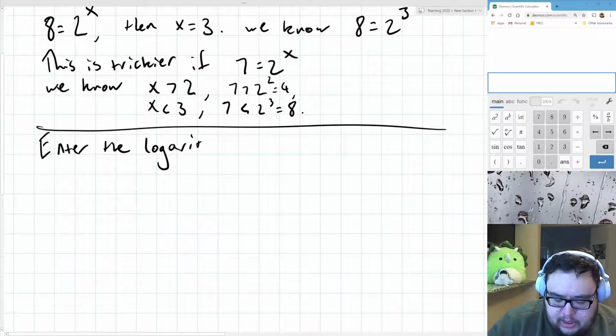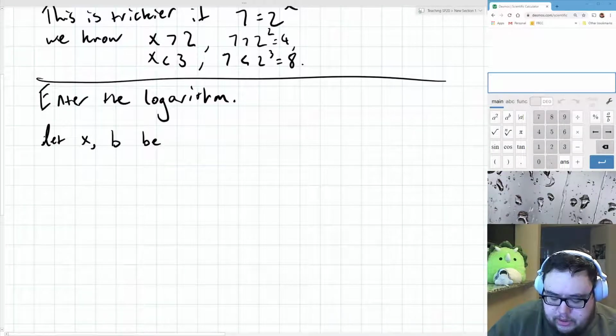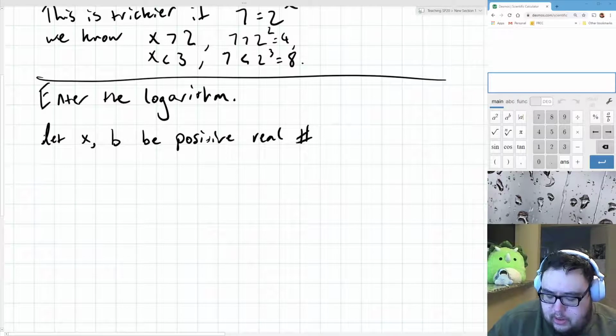So let's let x and b be positive real numbers, with b not equal to 1.